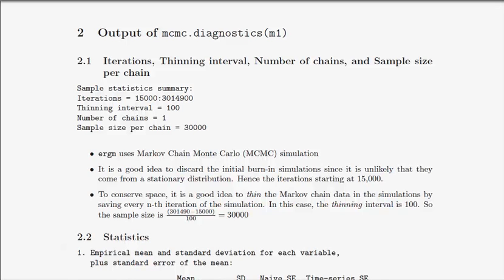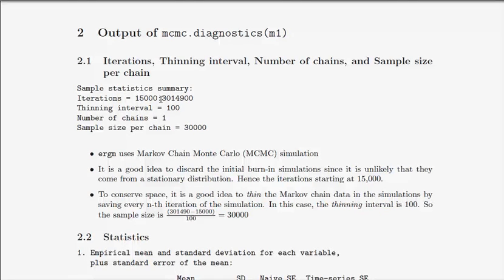The iterations are the number of iterations that the algorithm does. There are altogether 3 million 14,900 iterations.